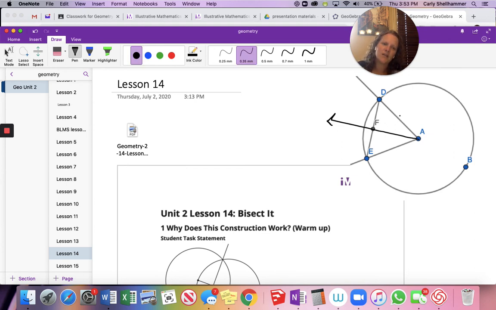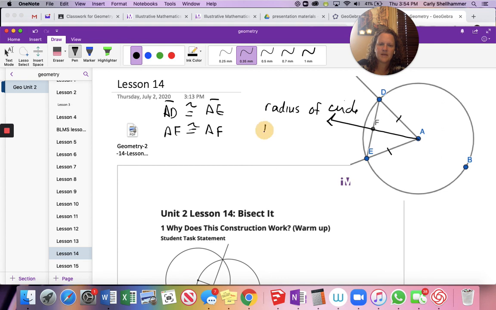Okay, so we know that AD is congruent to AB because they are the radius of the circle. And we also know that AF is congruent to AF because it's reflexive.